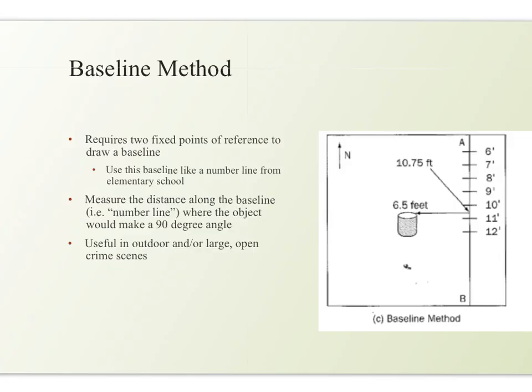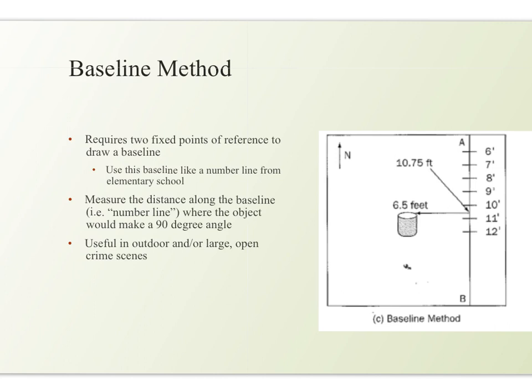The third method that we're going to be using today is called the baseline method. First off, this is really useful for large crime scenes, large open crime scenes, or a large room perhaps. It's also useful in outdoor settings. The only thing it requires are two fixed points, so once again, it could be like two light poles outside or anything like that.